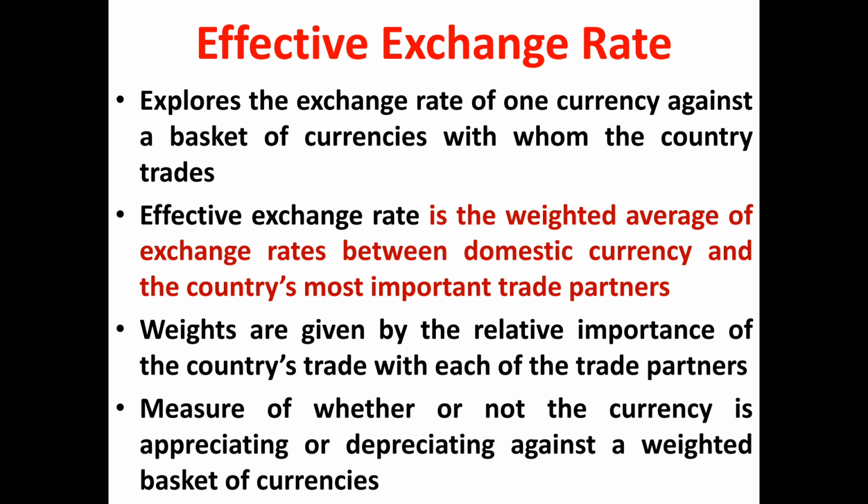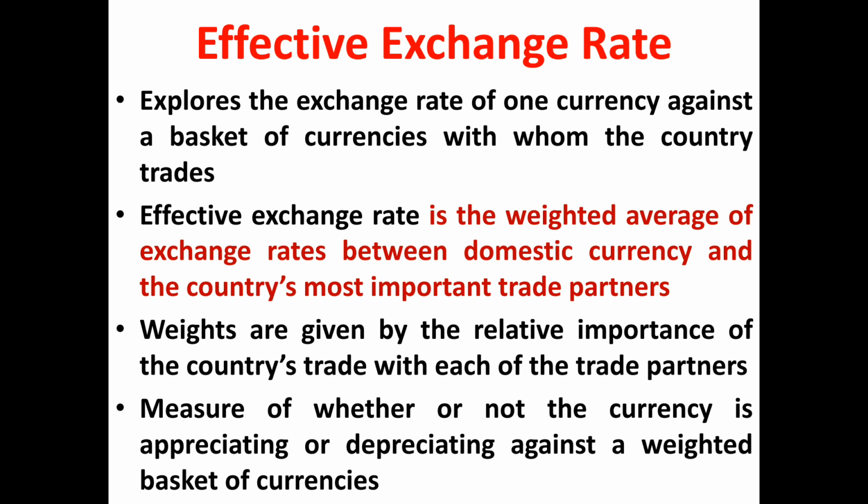Effective exchange rate talks about one currency in terms of a number of currencies, or what we call a basket of currencies. These currencies are the currencies of those countries with whom the country trades. So basically, it is a weighted average of exchange rates between the domestic currency and the countries' most important trade partners.